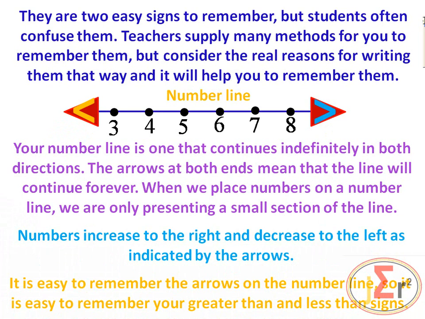The greater than sign is in the direction of increasing numbers. The numbers are getting greater each time in that direction. The less than sign, the numbers are getting less in that direction on the number line.